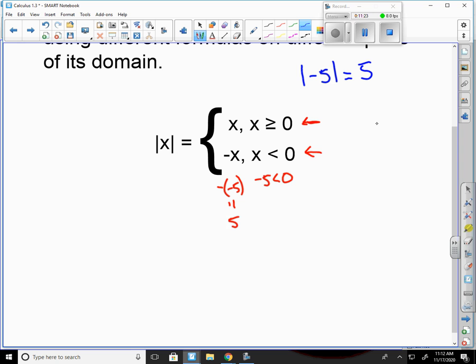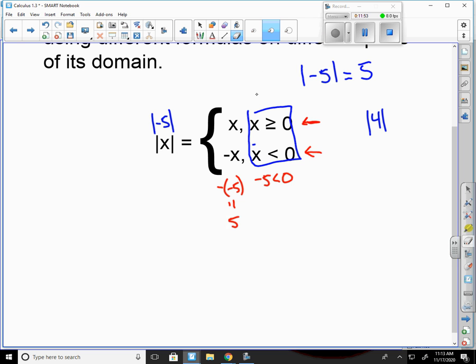What if I put a negative 5 into the absolute value? We use these two items back here to decide which equation we use, the top or the bottom, and then we actually put it into the equation. What if I put a 4 into the absolute value? What equation would I use, top or bottom?